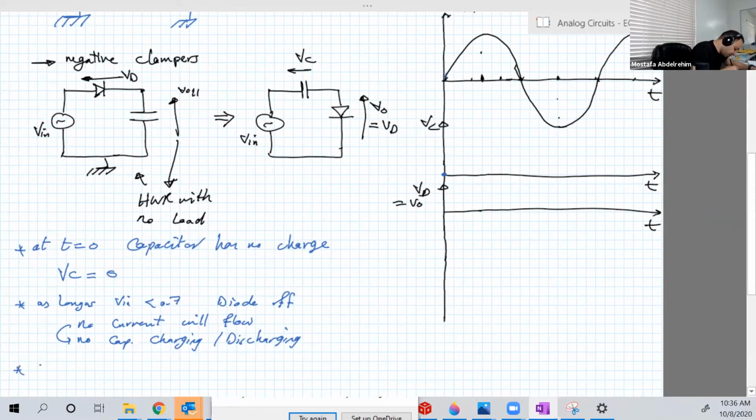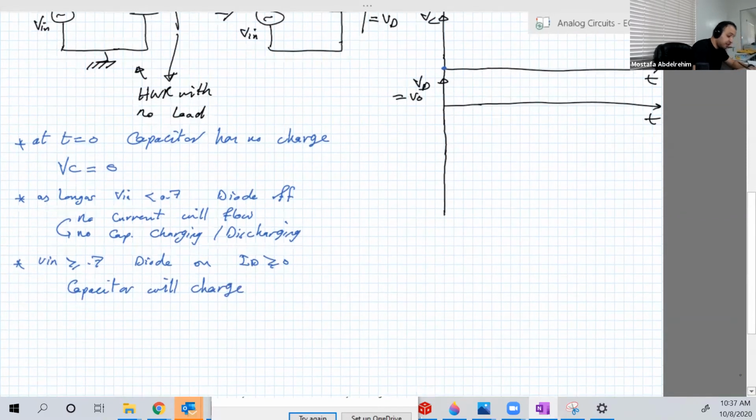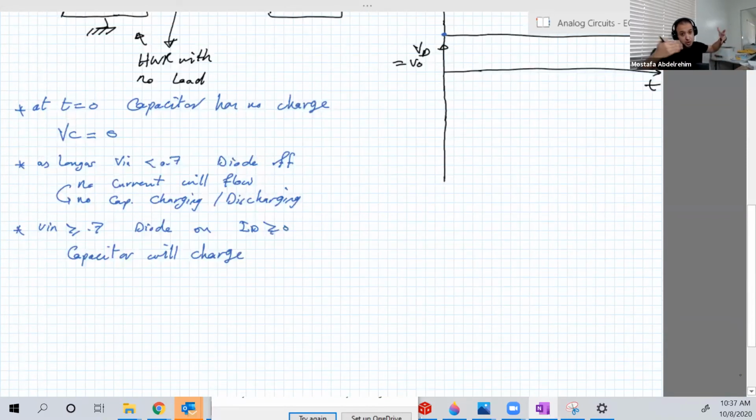When the input reaches 0.7 and beyond that, the diode will be on. So ID is larger than or equal to 0. So the capacitor will charge, and its voltage, which is VC, will start to increase.